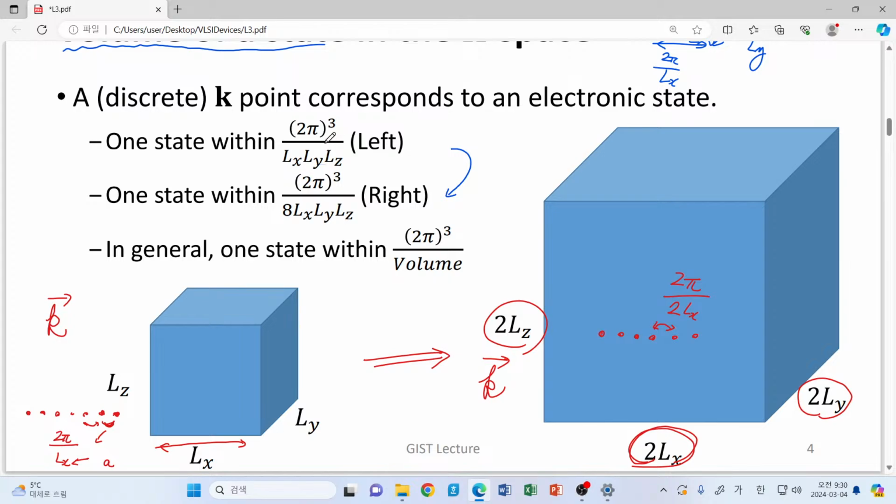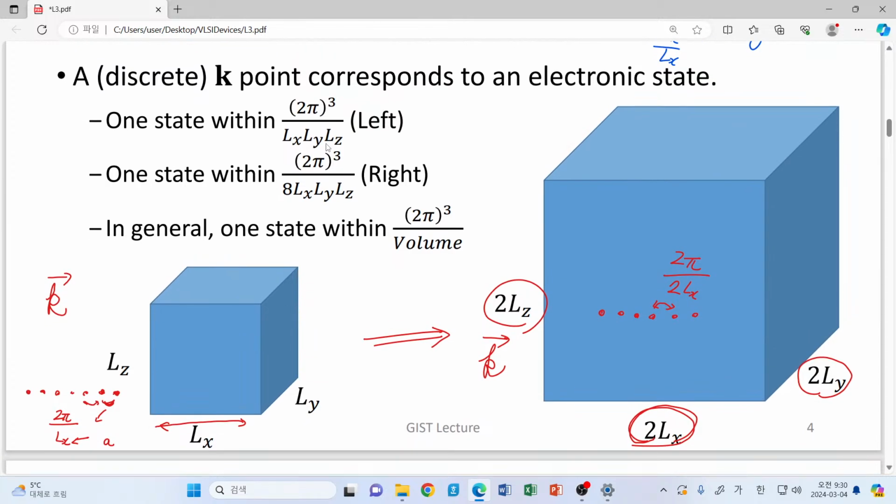So simply speaking, the size of your electronic states in K space really depends on the volume. We can state it in a general way like this: if you have one point in your system, then in K space it can be regarded as a volume of (2 pi)^3 over V, where V is the real space volume of your system.